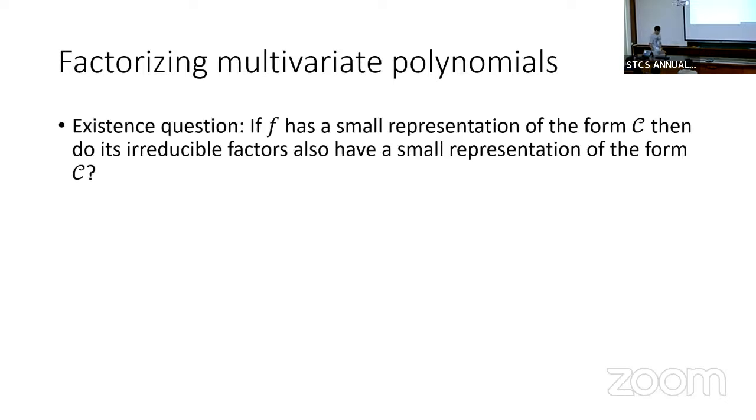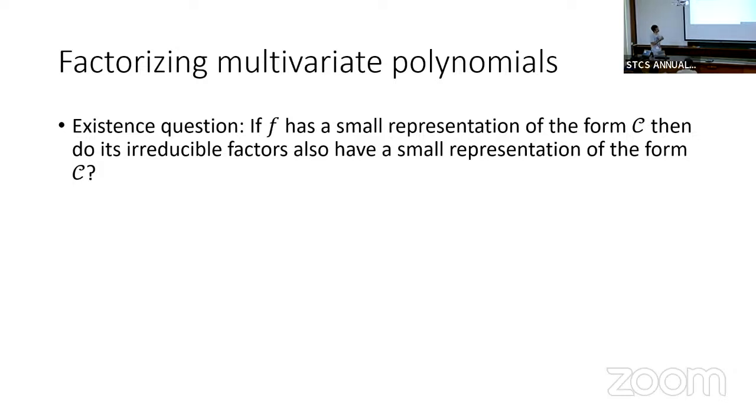So let's talk about the multivariate case. Like Abhishek said, the question of representation is also important. One way is you can just be given the coefficients of all your monomials, and then you're asked to give a factorization.